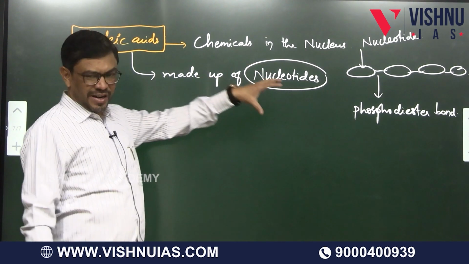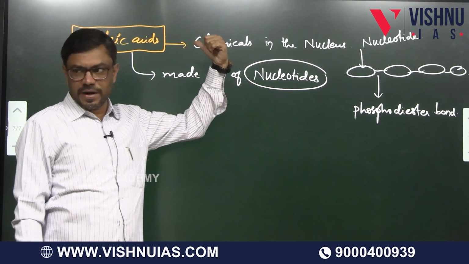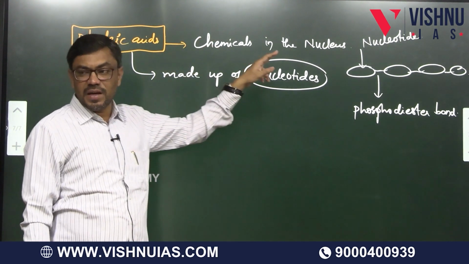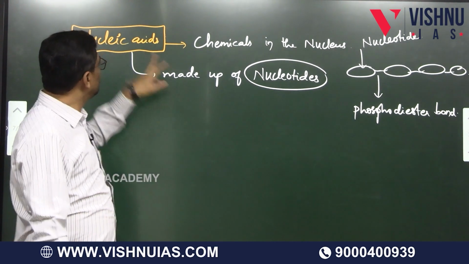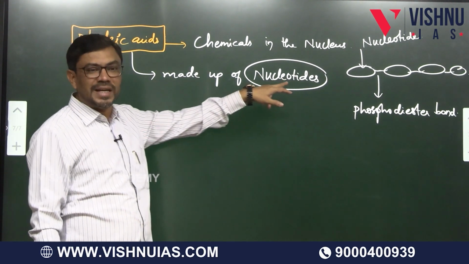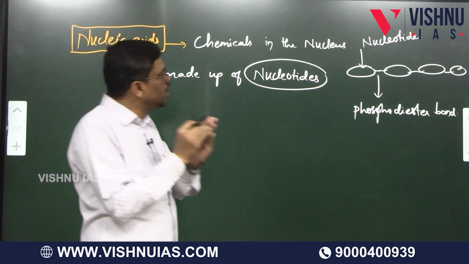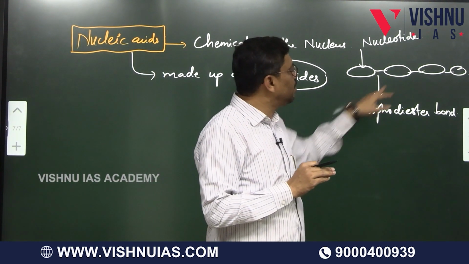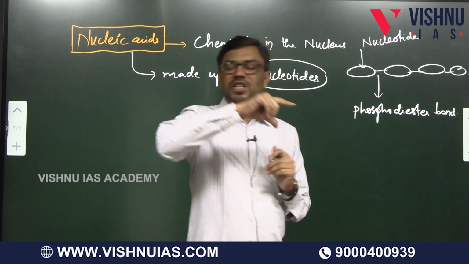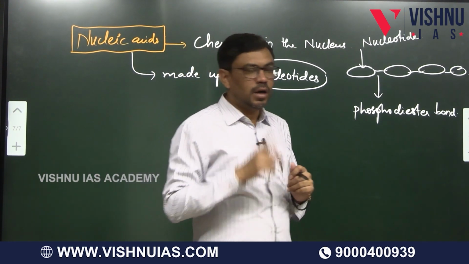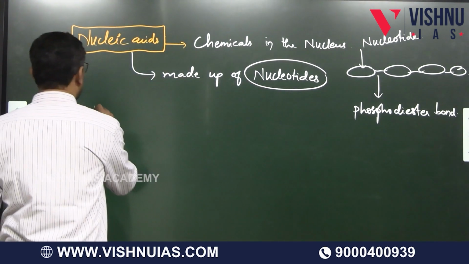And all these polynucleotides form the nucleic acids. Are you getting it? So, what are nucleic acids? These are the chemicals present inside the nucleus. And these nucleic acids are made up of nucleotides. A nucleotide is a small unit. Is it clear? Many nucleotides link together by phosphodiester bonds to form a chain-like structure called a polynucleotide.